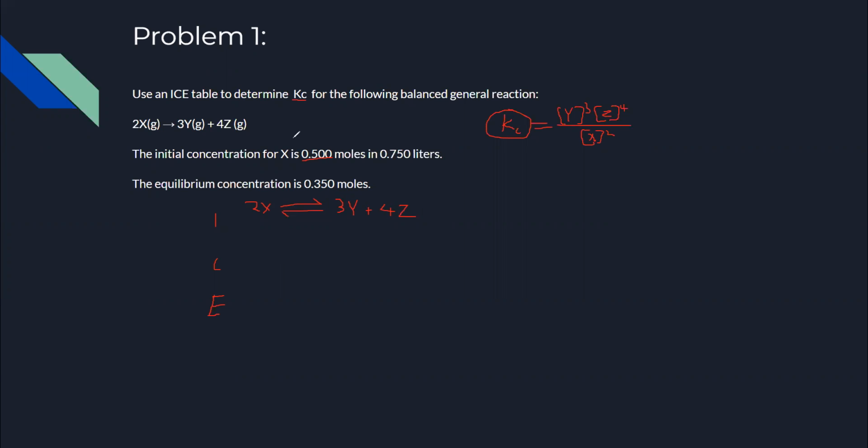So the initial concentration for x is 0.500 moles, and the equilibrium concentration of x is 0.350 moles. In order to find the change in concentration, you have to subtract the 0.500 from the 0.350, so it becomes a minus 0.150.